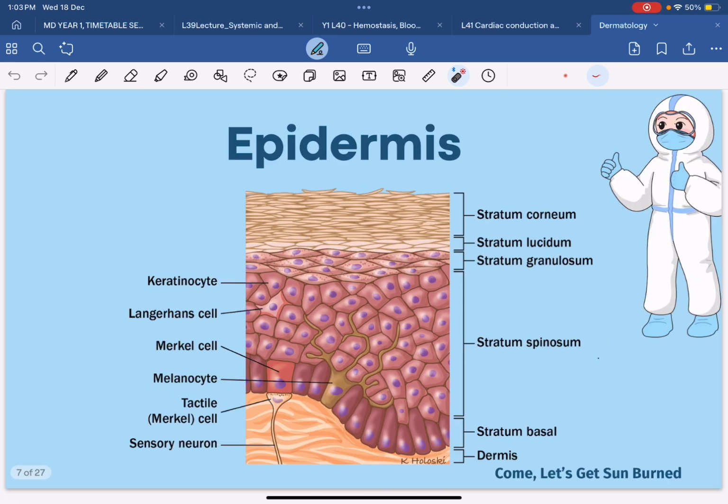Now I will introduce the epidermis. It has five layers: stratum corneum, stratum lucidum, stratum granulosum, stratum spinosum, and stratum basale. There are four cells in the epidermis: keratinocytes, Langerhans cells, Merkel cells, and melanocytes. Melanocytes produce melanin pigment and contribute to dark skin color.